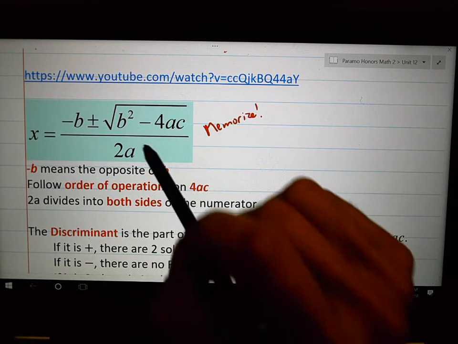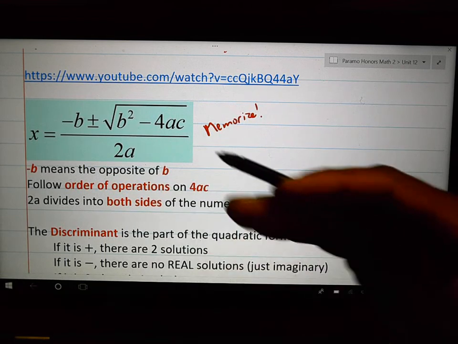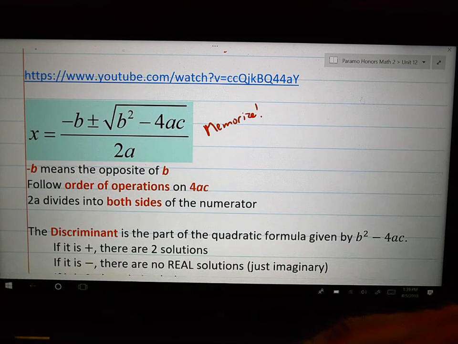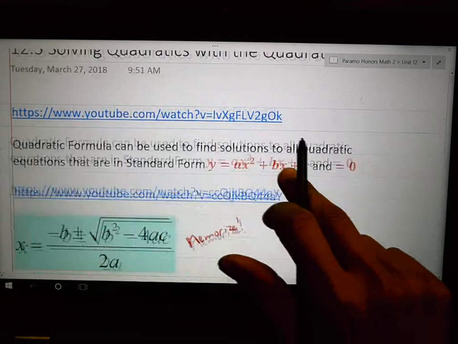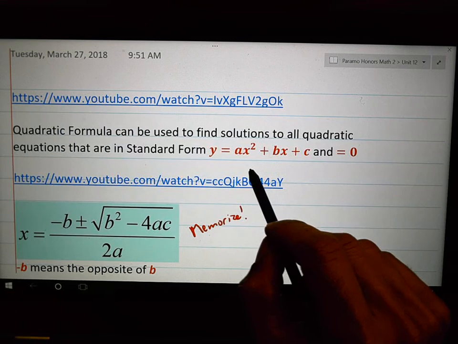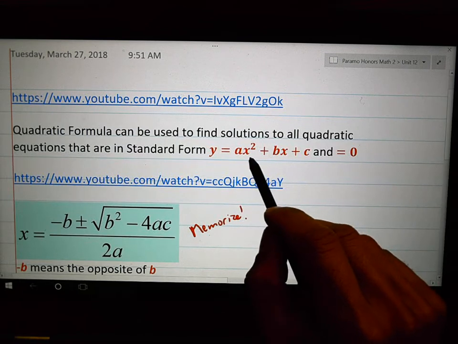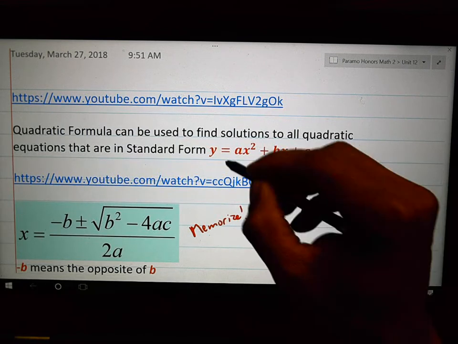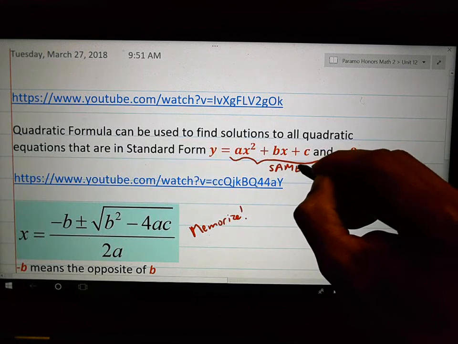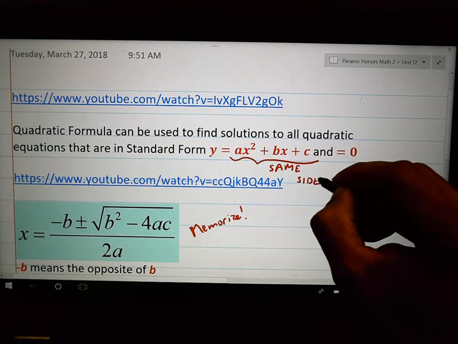No matter how you know it, you're expected to know that this is a way for you to find solutions for any quadratic equation that's written in standard form. Standard form means the ax squared, the bx, and the c are all on the same side.